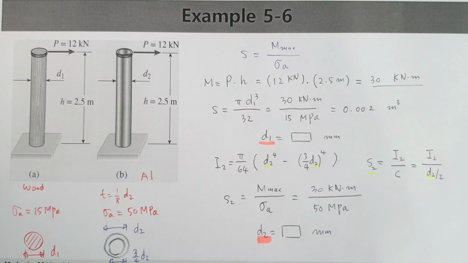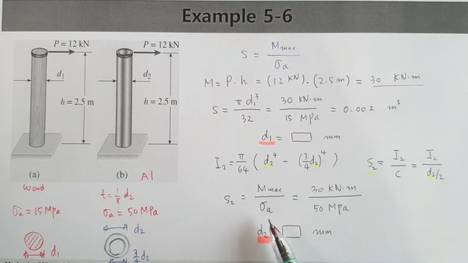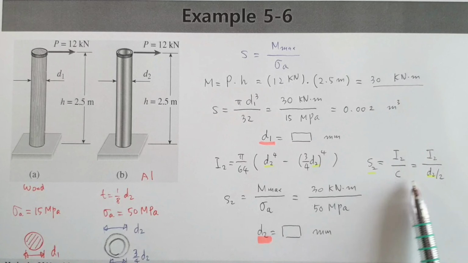Next, in the case of the aluminum tube, the moment of inertia is calculated like this, and the section modulus. Similarly, we apply the external bending moment and substitute the allowable stress. Then finally we can calculate the required diameter D2.